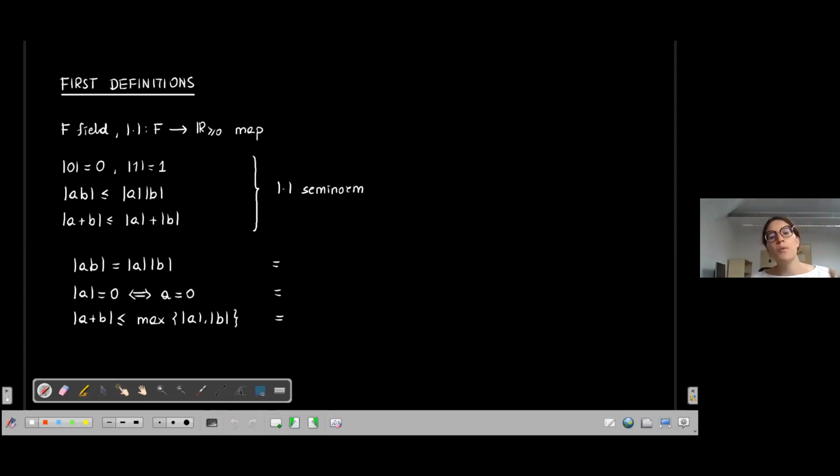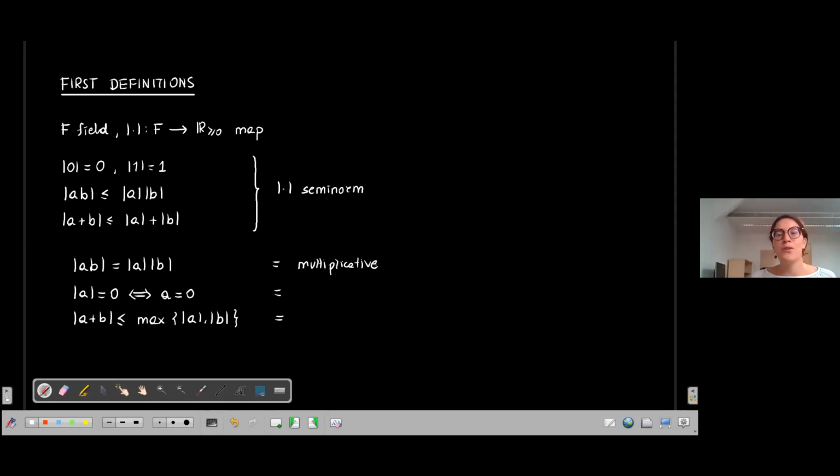In particular, we will be interested in semi-norms that are not just sub-multiplicative, as the second condition says, but those that are called multiplicative. Here we mean that the semi-norm on a product is really equal to the product of the semi-norms.